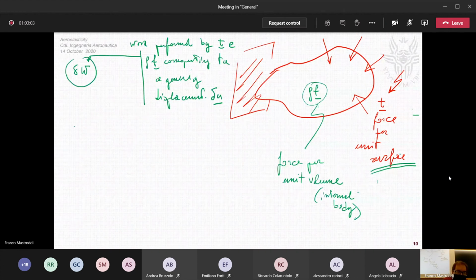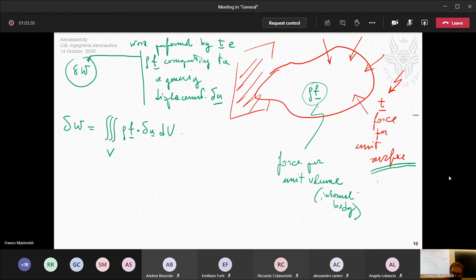Delta W is, by definition, the integral on the volume of rho F dot delta U, and integrate, please.